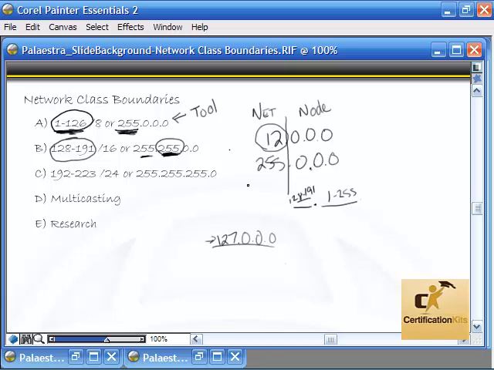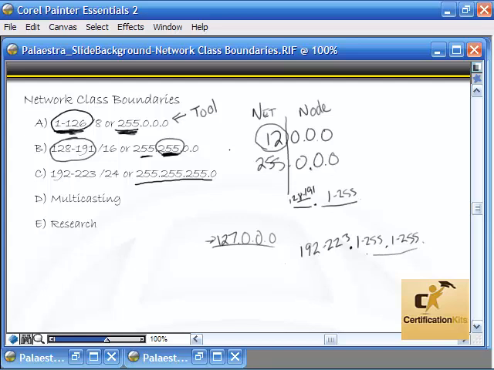Now, the Class C has 255.255.255.0. That has 3 octets. There's 16,777,000 plus network addresses with Class C, because not only do you have 192 to 223 in the first octet, you've got 1 through 255 combinations and another 1 through 255 combinations in the second and third octets.